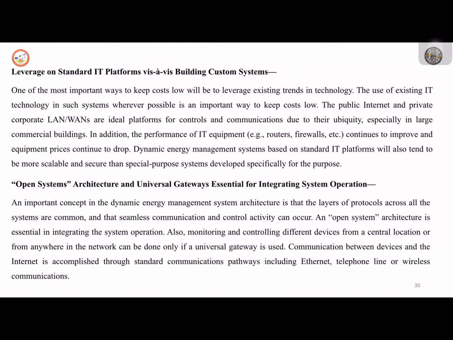The important concept in the DEM process architecture is that the layers of protocol across all the systems are quite common, so seamless communications and control activity can occur. Open system architecture is essential in integrating the system operations, thereby monitoring and controlling the different devices from the central location or anywhere in the network.